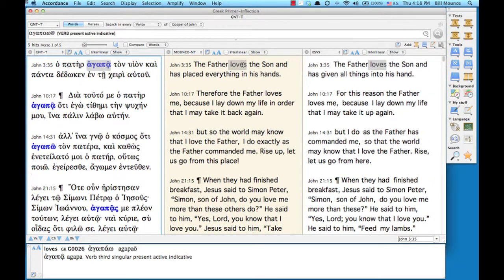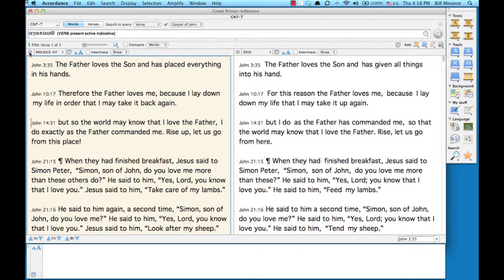Now, what's interesting is that if you have purchased the GNT text, you don't even have to have it showing in the window to be able to use the inflected information. In fact, let's just get rid of the GNT text for a second here. And now do the mouse over on "loves" in my translation, and there's all of the inflected information. It's actually drawing it from the GNT text. That's where all the parsing resides.